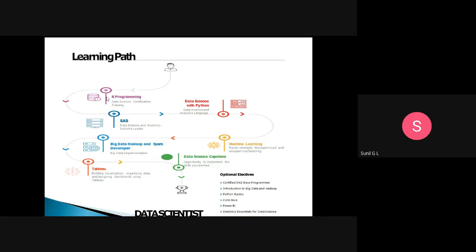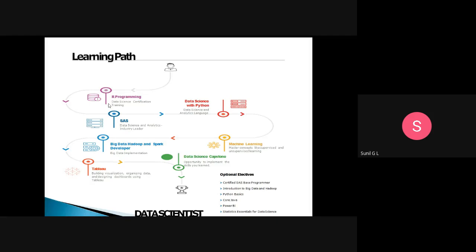What is R programming? R programming is a statistical analysis programming tool. Like C programming, it is also one programming language. Statistical functions and tools are developed very thoroughly in R programming.